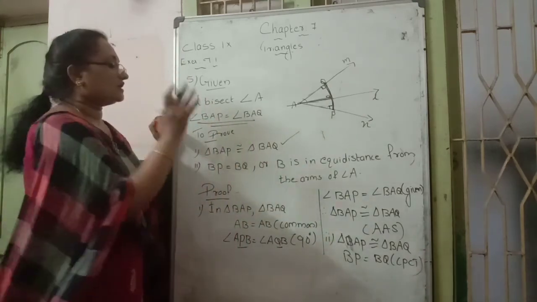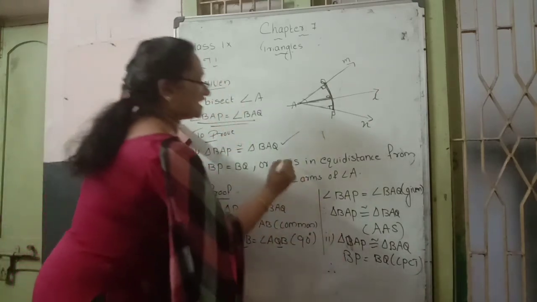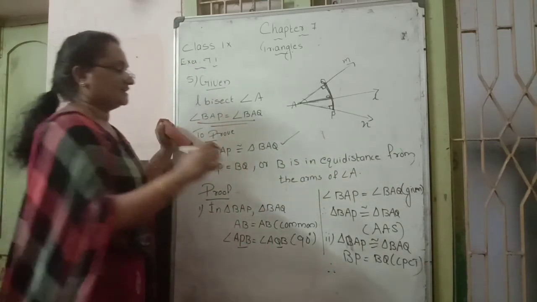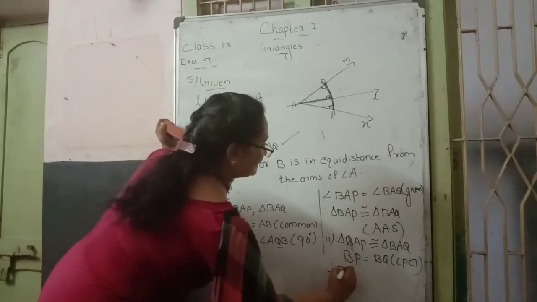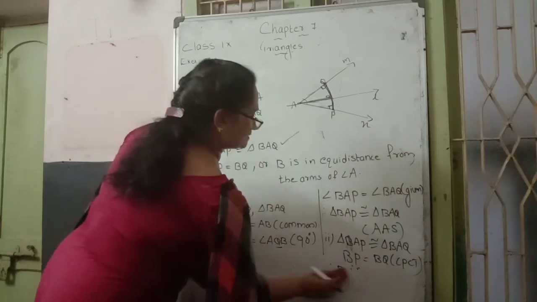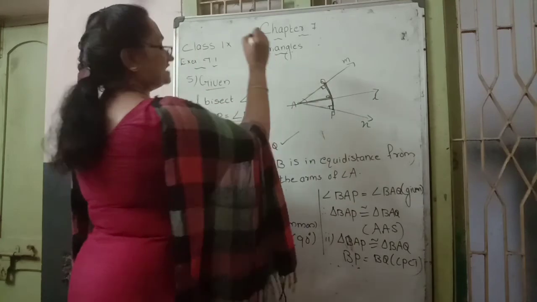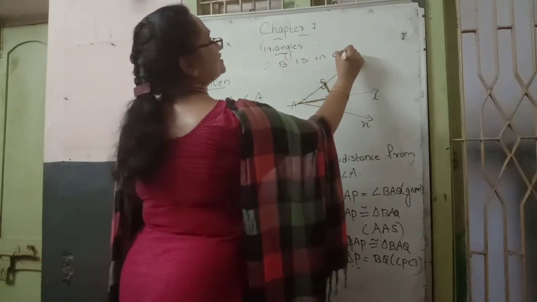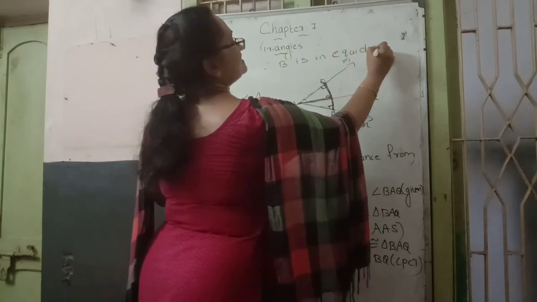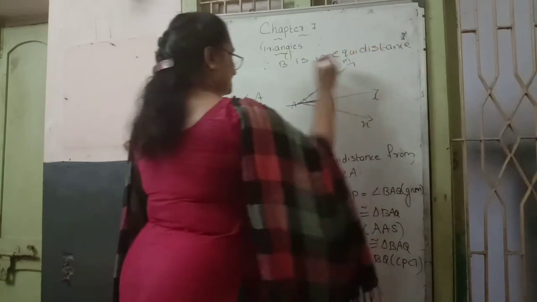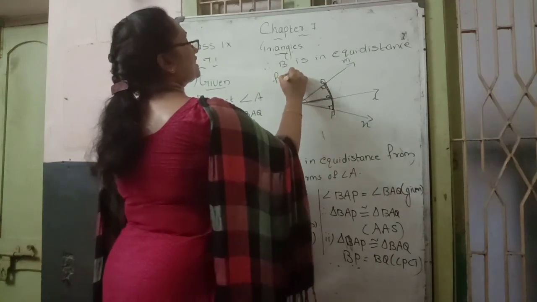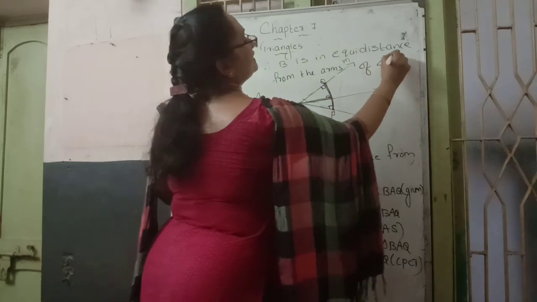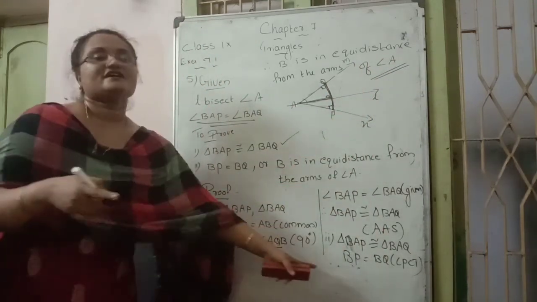We proved that. Hence we can prove B is in equidistance from the arms of the angle. Note the last sentence: therefore we can say B is in equidistance from the arms of angle A. Write it this way and stop.